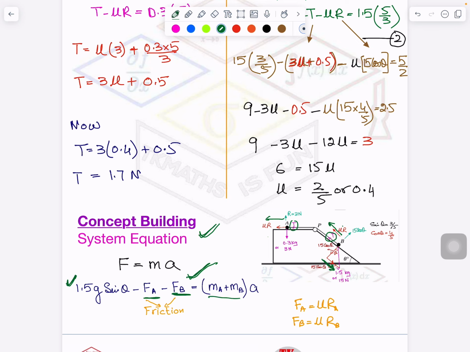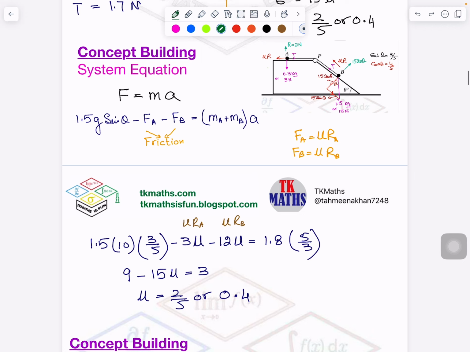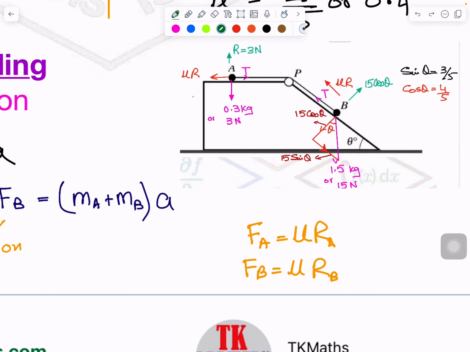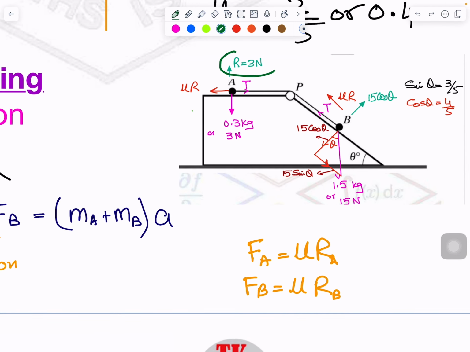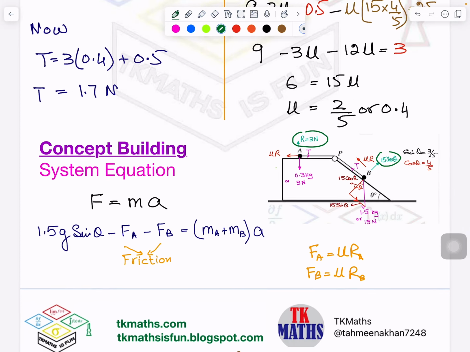It equals ma. In the case of ma, definitely I will use the mass of both particles A and B. After this, I am simply substituting values here. We have already calculated the friction, which is the resultant force. You can see the resultant force in red, and in green I have mentioned it here. So these values I am plugging in here.